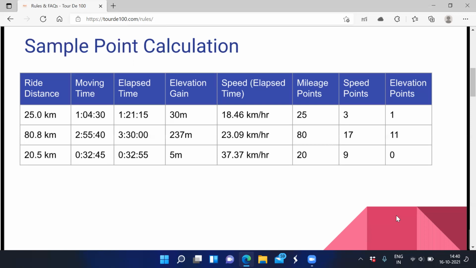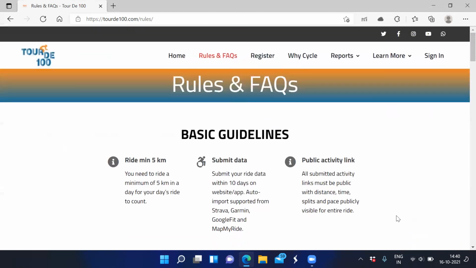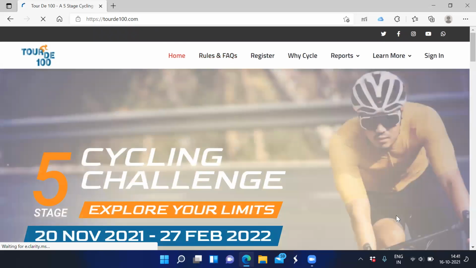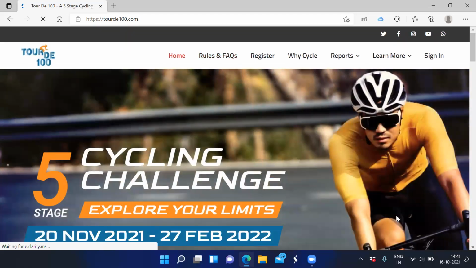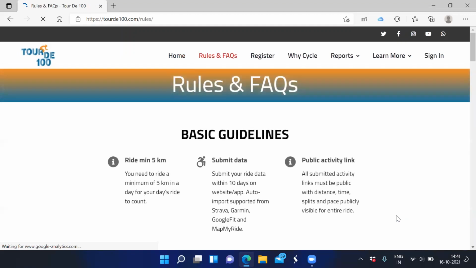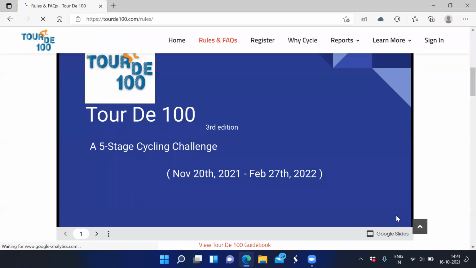Okay, now the last thing: how am I going to do this challenge? In stage 1, I'll ride daily on the weekdays at least 20 kilometers a day, and on the weekends I'll ride 50 kilometers to complete stage 1.